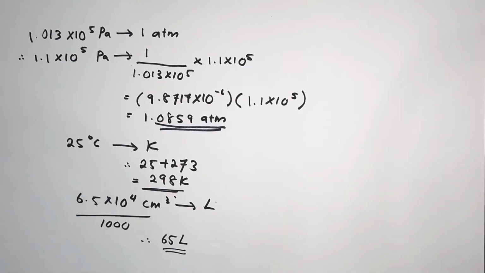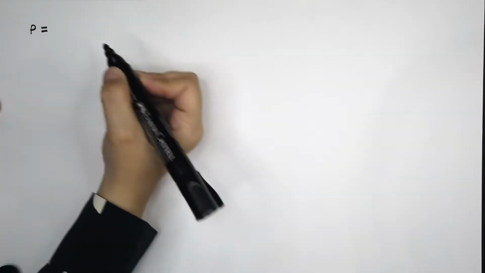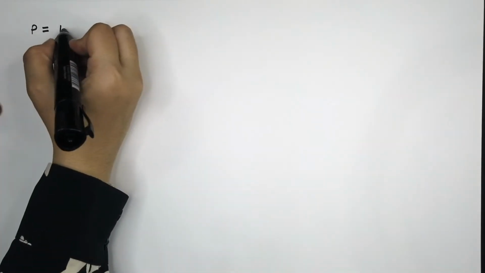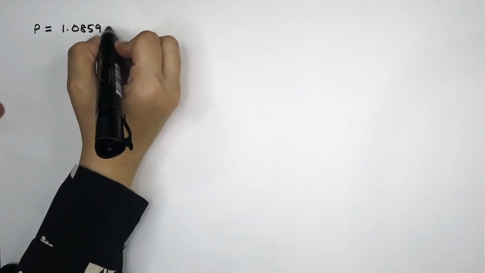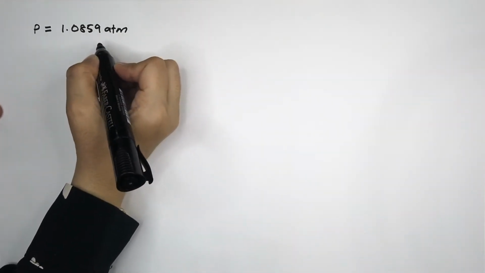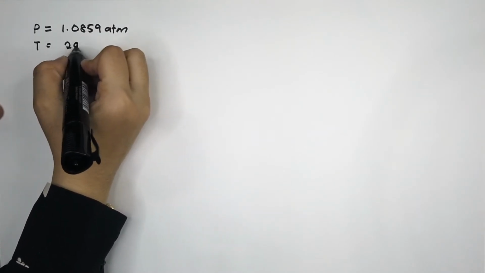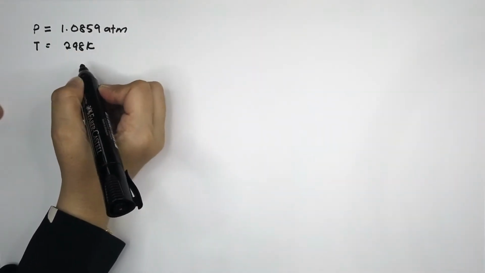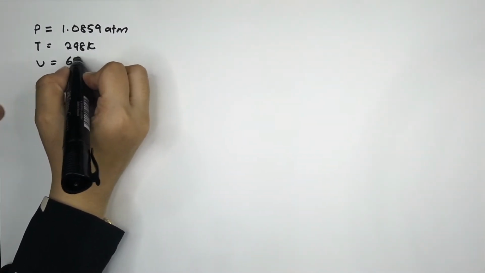These are the three main things that you need to do before you can proceed with the calculation for this question. From the calculation that we have done just now, the pressure is equivalent to 1.0859 atm, the temperature is equivalent to 298 Kelvin, and the volume is 65 liter.